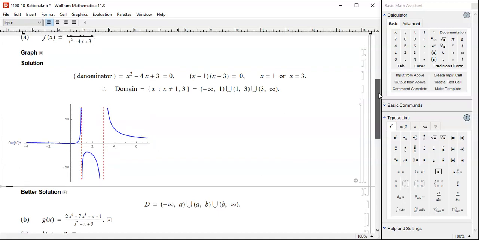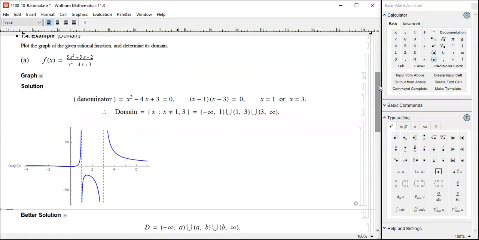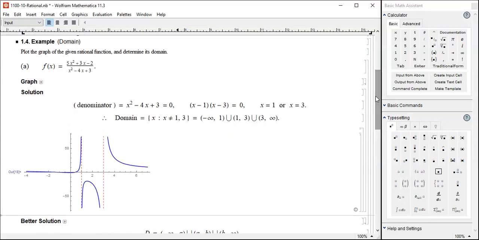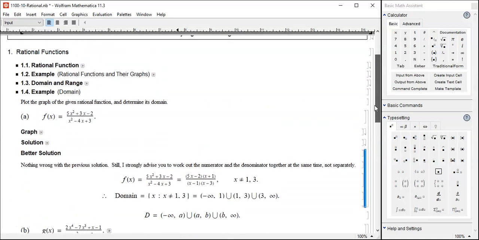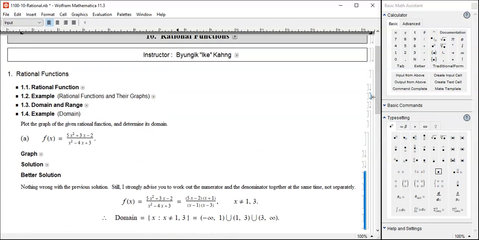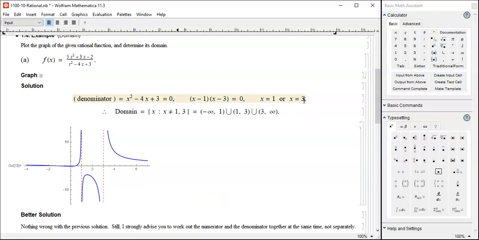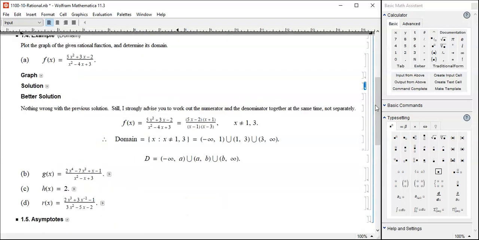Okay, that's a solution, and we went through the graphs as well. But just one more comment. This solution is okay. It works, but it's not the best way to handle it. The better solution may be a little more time consuming, but I recommend it strongly. Work out the numerator and denominator simultaneously. In this particular problem, there was no interaction, so it was okay to just look at the denominator. But who knows?